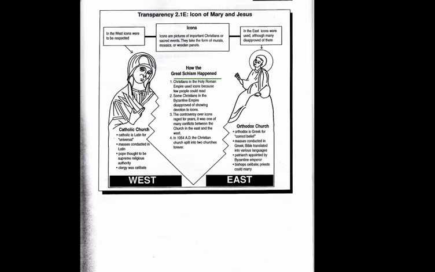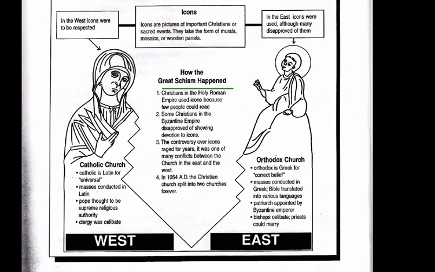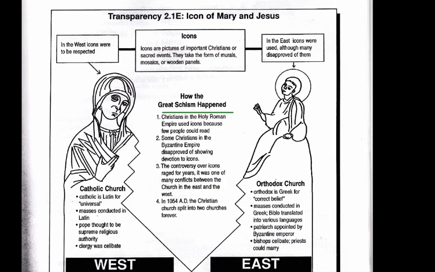So what happens? Well, there's a lot of problems between the two. The idea of the iconoclastic controversy revolves around icons, and icons are pictures of important Christians or sacred events.